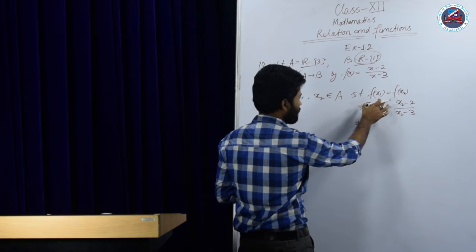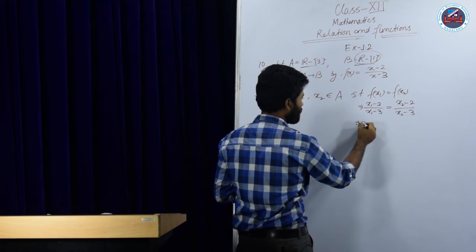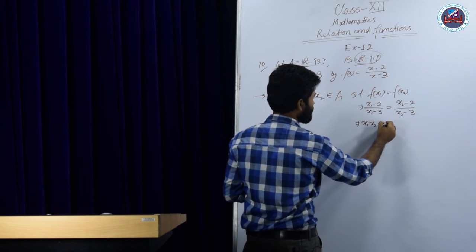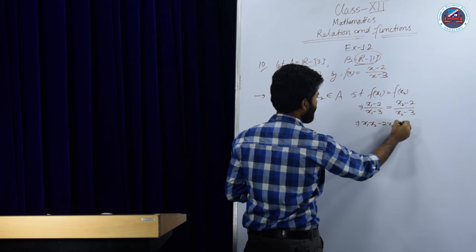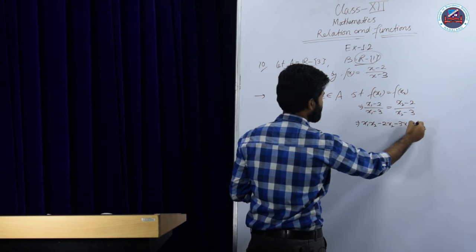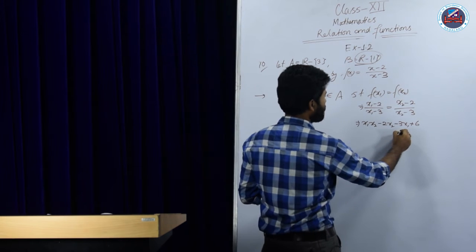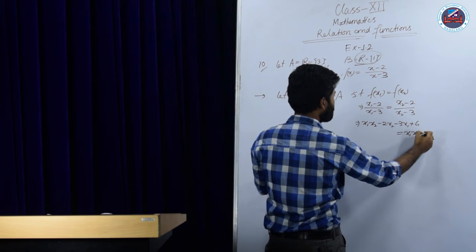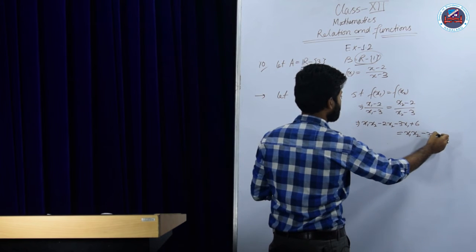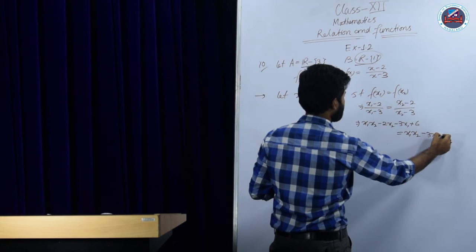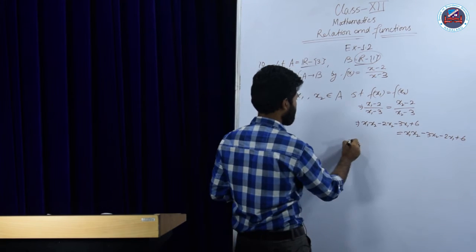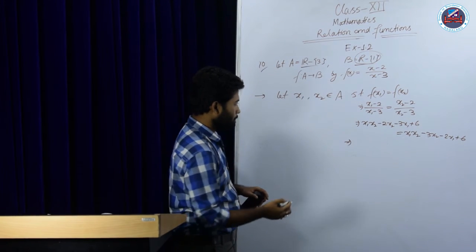Next, cross multiply these two, and you will get x1x2 minus 2x2 minus 3x1 plus 6. And that will be equal to, let's cross multiply, x1x2 minus 3x2 minus 2x1 plus 6. Now what does this imply?